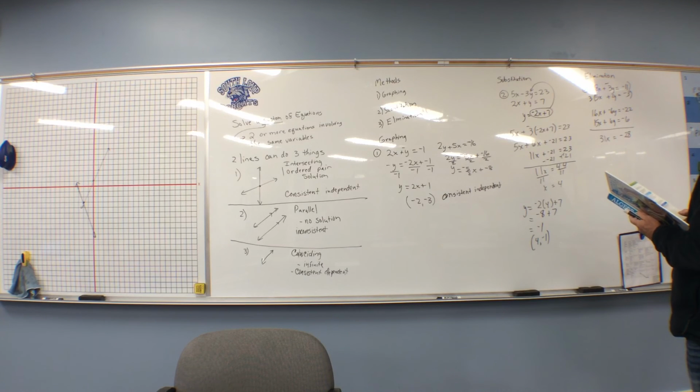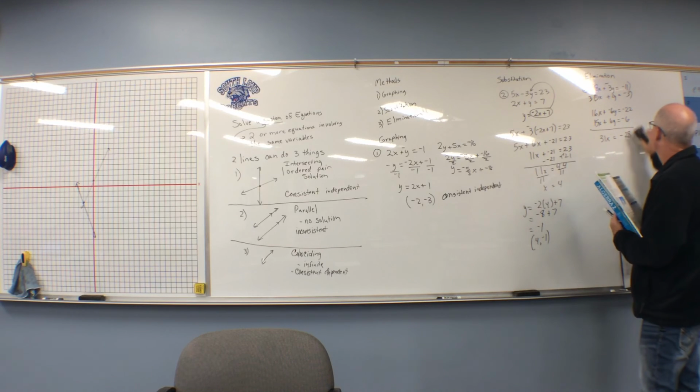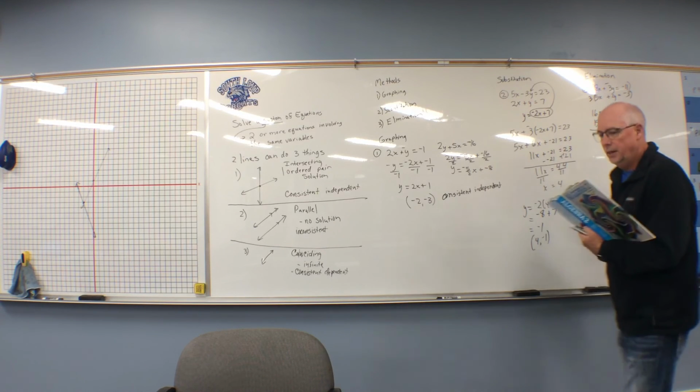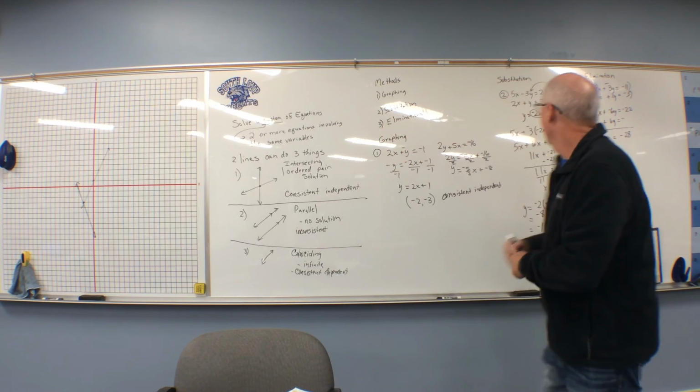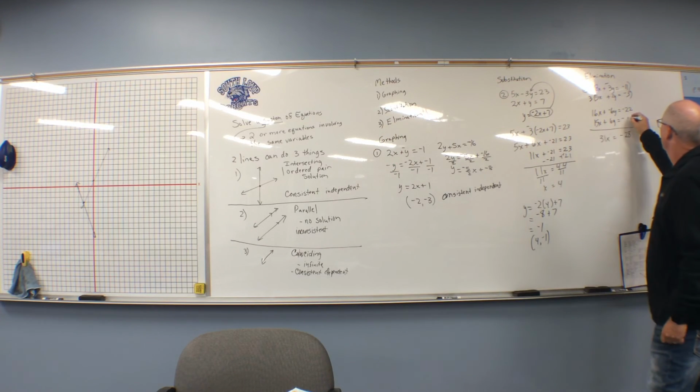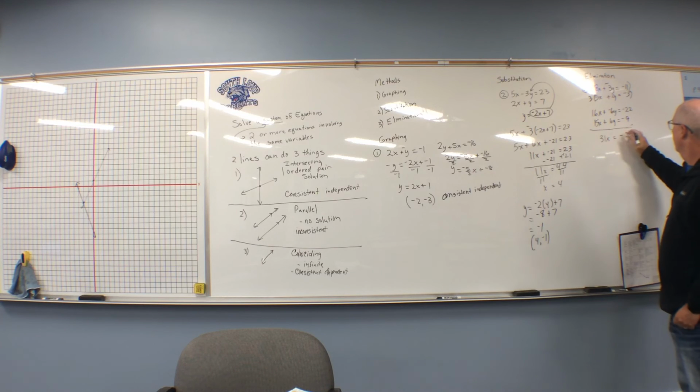Okay, let's see where I messed up here. Oh, okay. I bet you saw it right away. You're probably yelling at me right now. I added them wrong. 3 times 3 is a negative 9. You can see how much of a problem that is. All right, that made a huge difference.